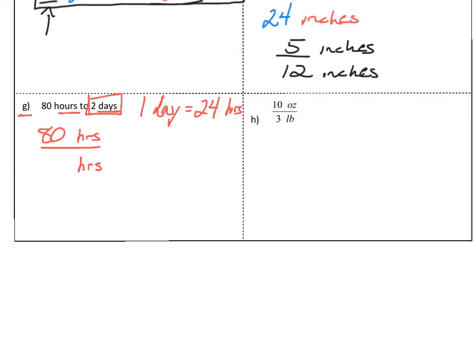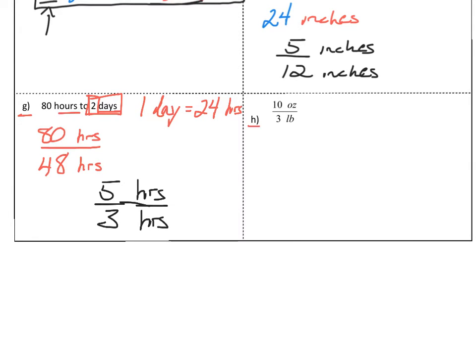So 2 days then is going to be double that, which is going to be 48. Once again, I can reduce this. I can divide both of these terms by 16, which is then going to lead me to 5 over 3. So 5 hours to 3 hours.